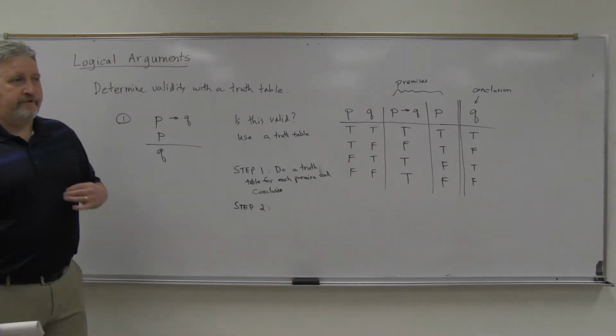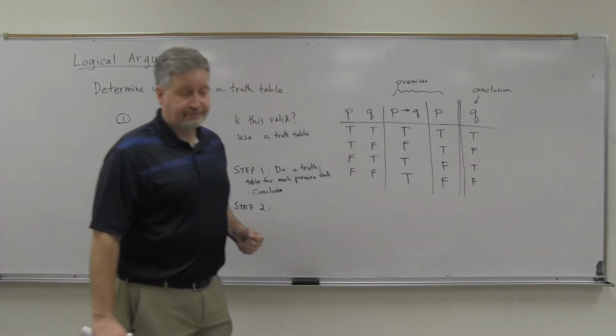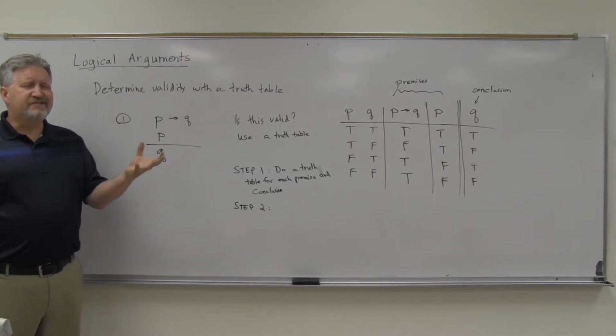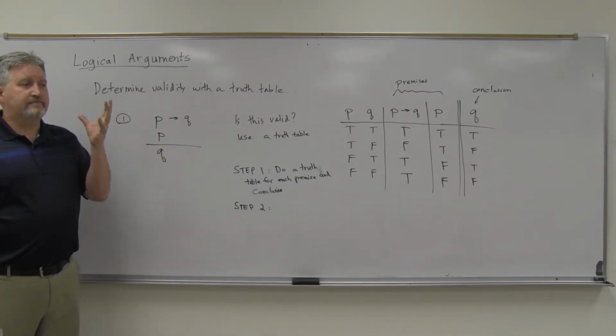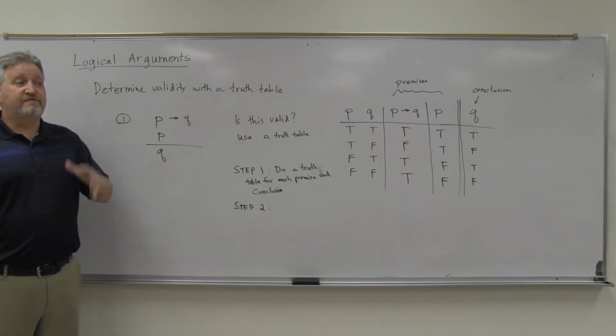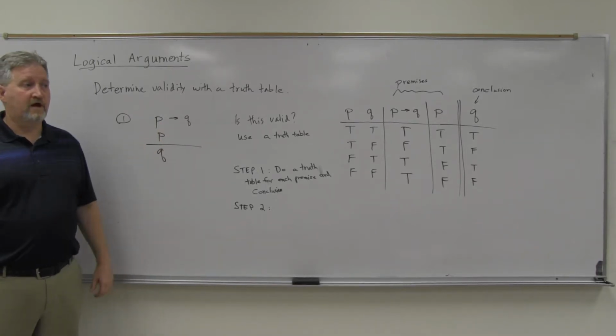All right, here's step 2. So back on, we're trying to determine if this is valid or not. Remember, the conditional part of validity is we're looking at when all premises are true. If we have a false premise, it doesn't matter, okay?